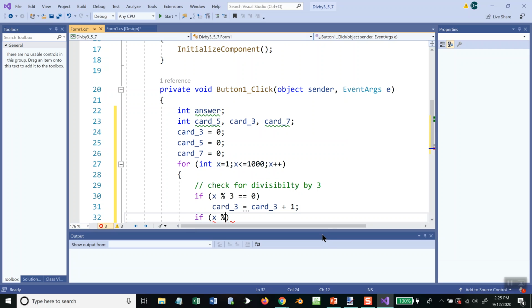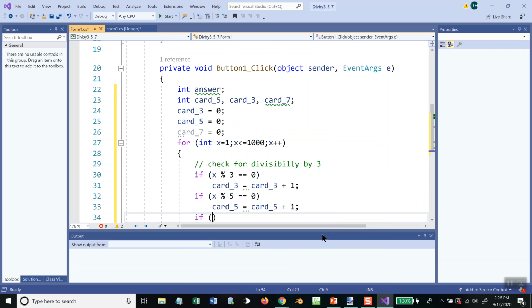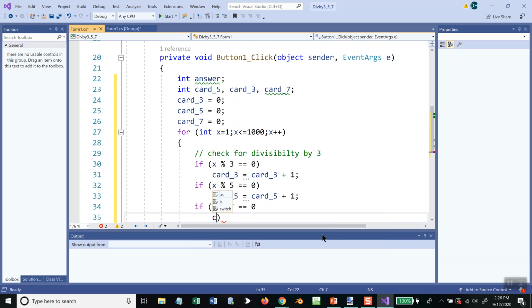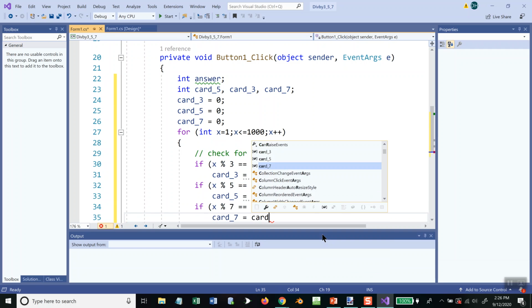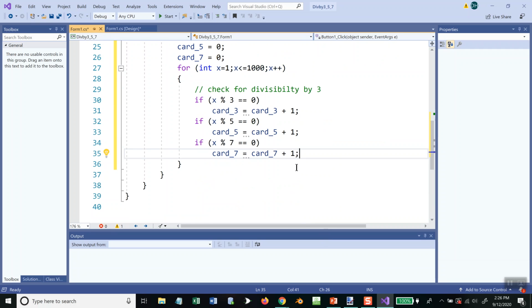If x percent 5 equals 0, card 5, I could again do plus plus, but you may wonder why I'd do that. I find people learning programming for the first time, it's better to not use that to begin with. Card 7 equals card 7 plus 1, not that some of you aren't just learning it.